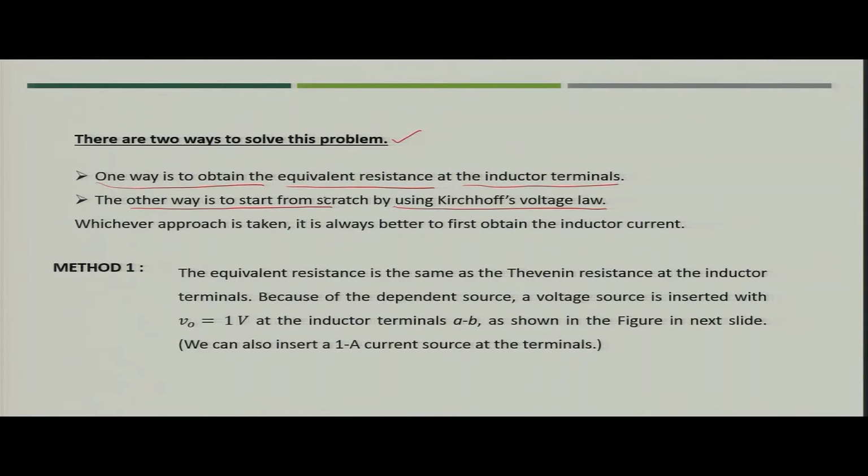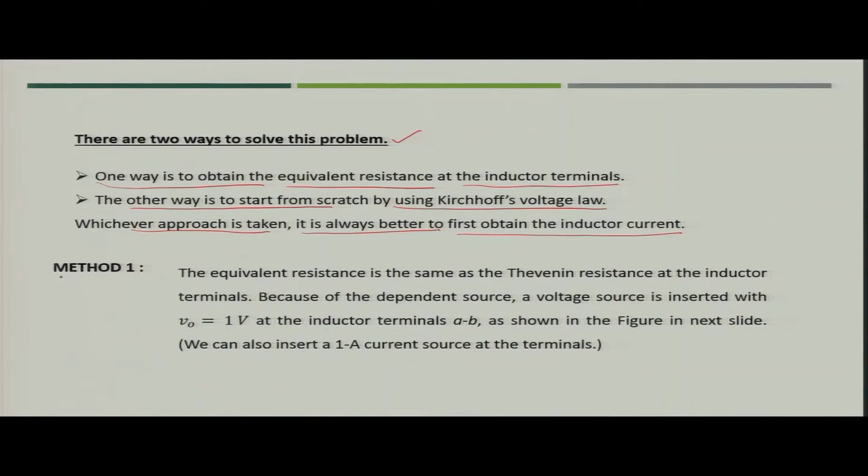Second, when we have the dependent voltage source, we can also use Kirchhoff's voltage law and simplify the circuit as we used to do in mesh analysis. Whatever approach we take, the value will remain the same, but it is always better to first obtain the inductor current.